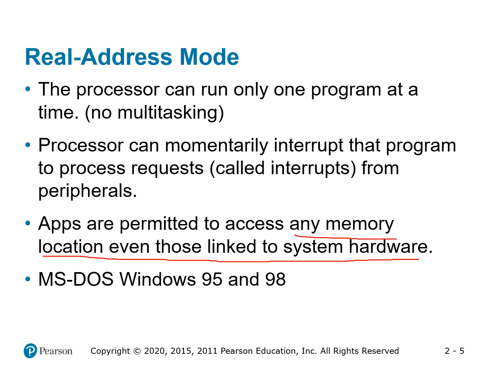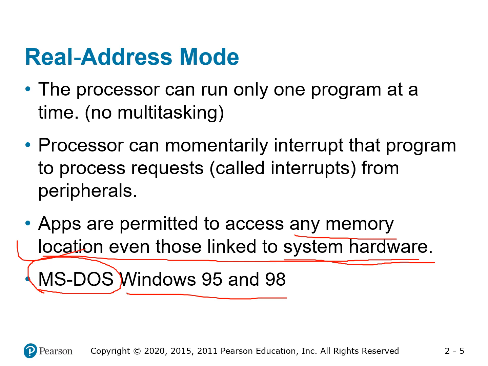So if you remember, in protected mode, it's not allowed to access system hardware directly. MS-DOS was real address mode, was not multitasking. Windows 95 and 98 did run in protected mode, but it started in real address mode.